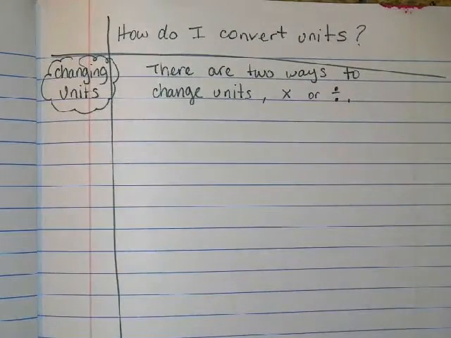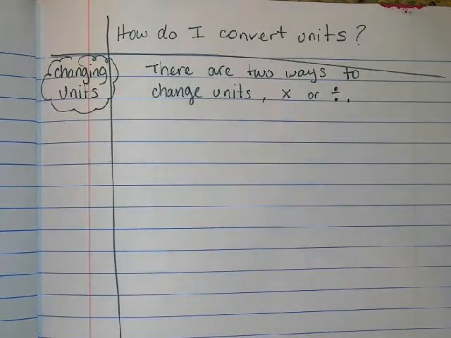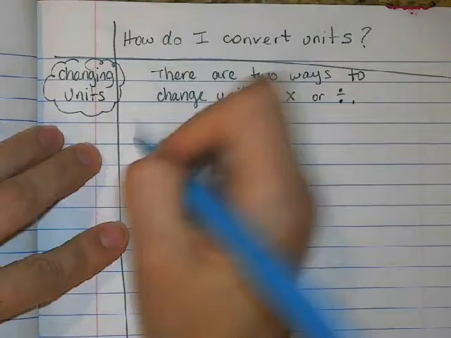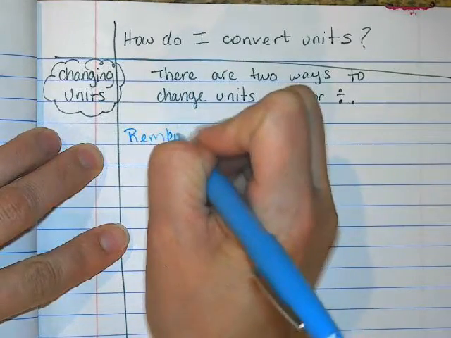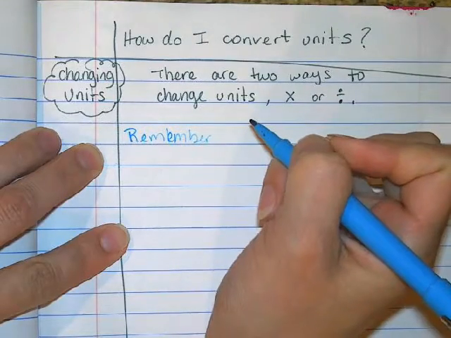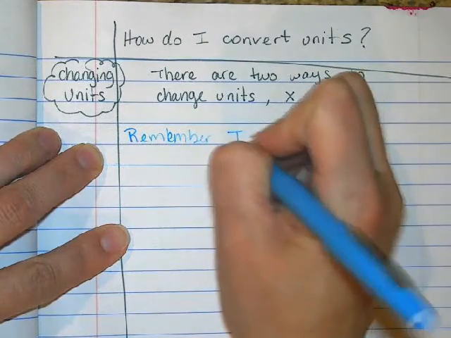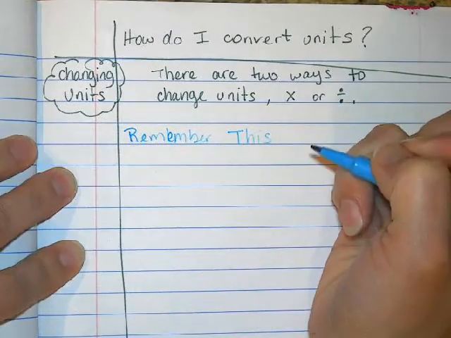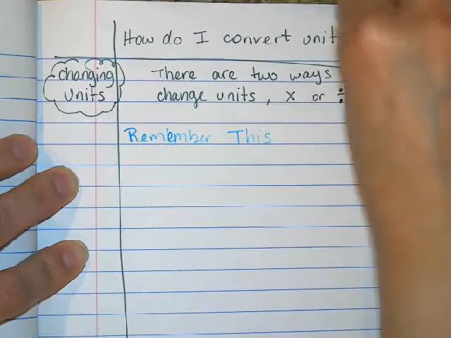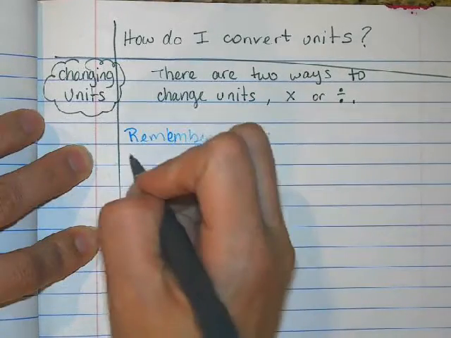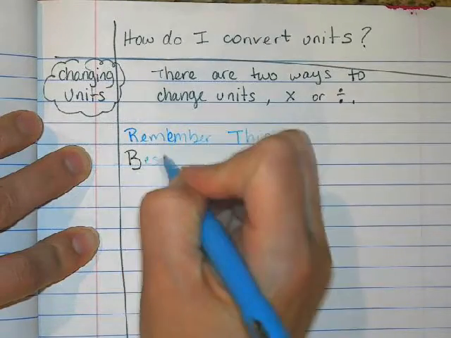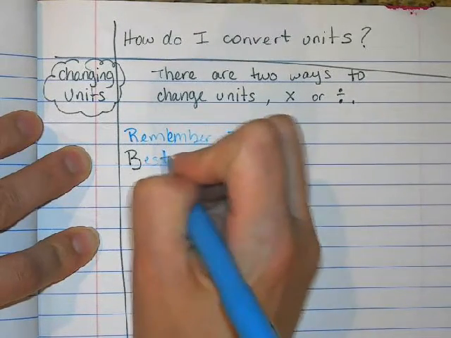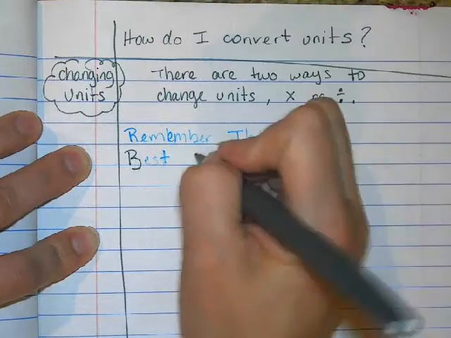Okay, so there's a way that I want you guys to remember when you're going to be changing units. So if you can remember this, just remember this. Best soccer.